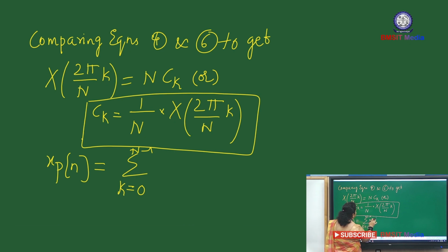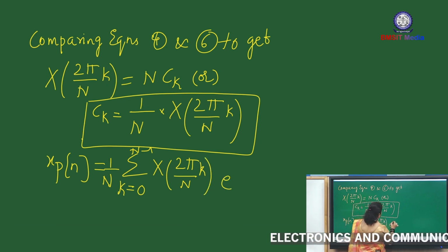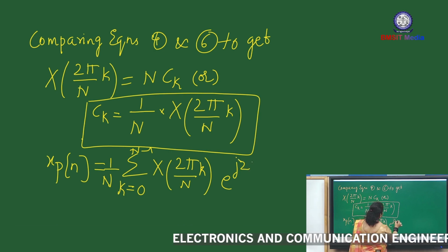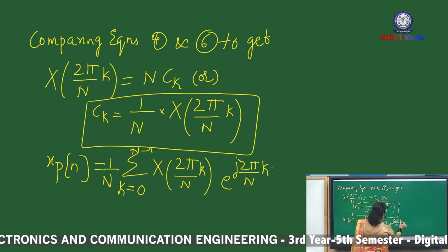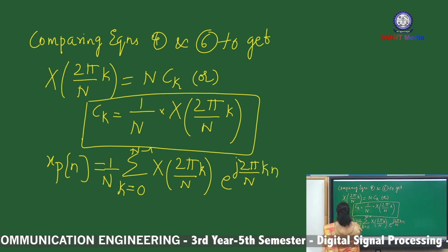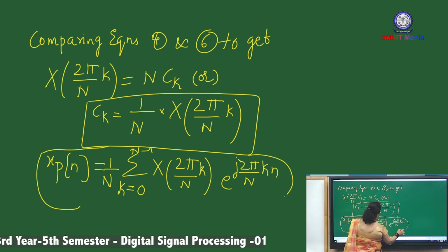So here I had ck, that ck I am going to replace with this: 1 over n x of 2 pi by n k into e raised to j 2 pi by n k n. Now this is the actual equation what we were expecting.